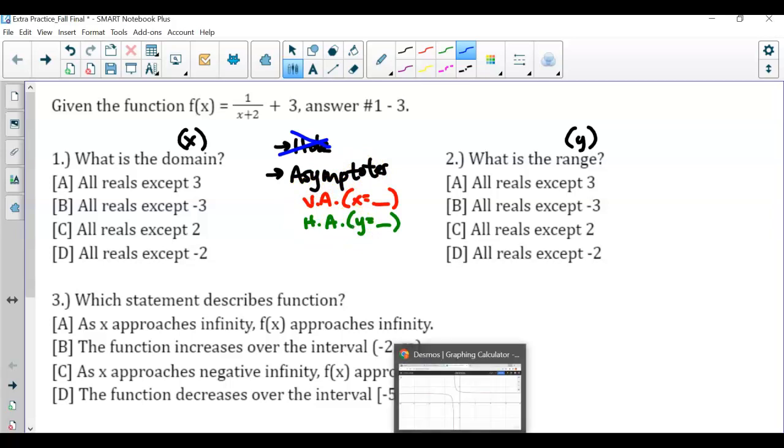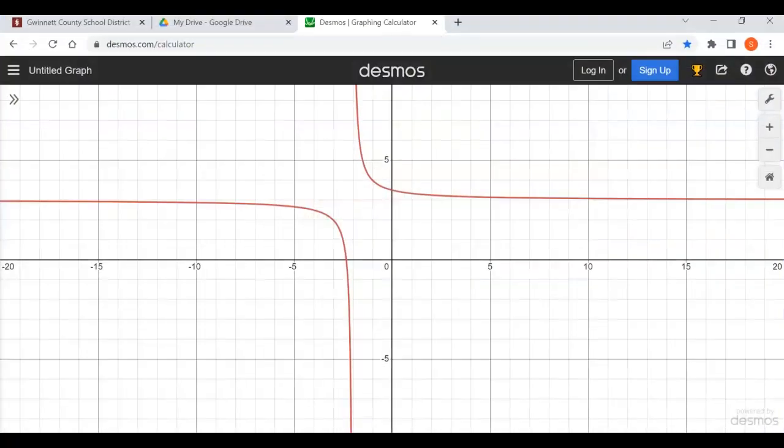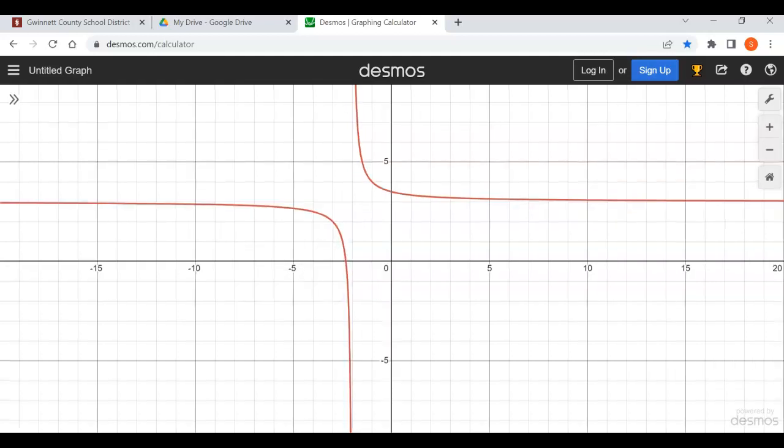Now let's look at the graph here. Remember that the vertical asymptote is your up and down, crossing the x-axis. So I'm looking here to see at what value our x is. Notice how we're getting closer and closer in the x values, but we're never reaching -2. Notice again here how the graph is approaching, but never reaching -2.